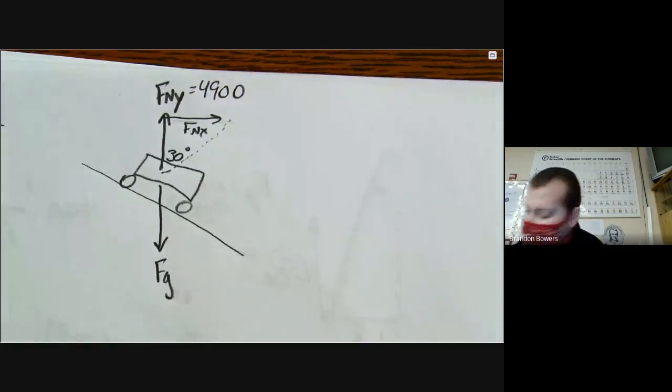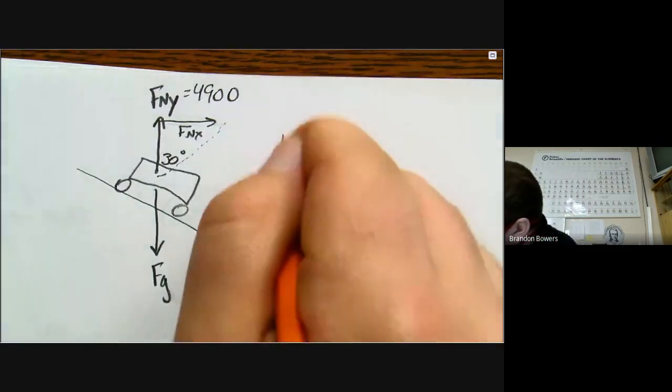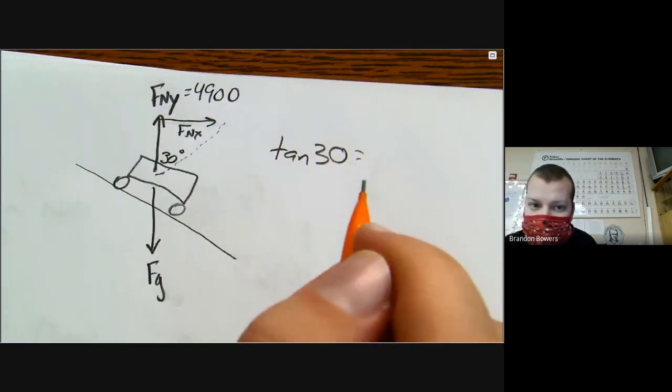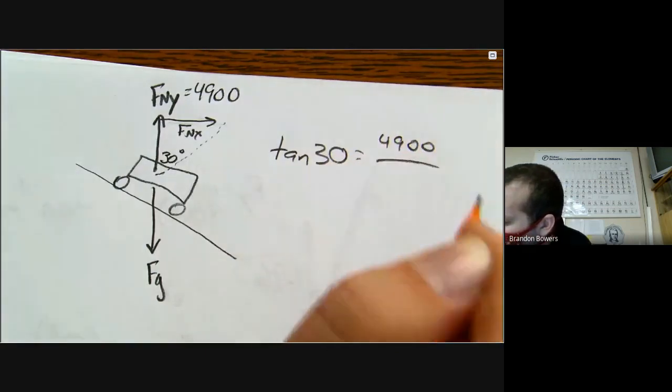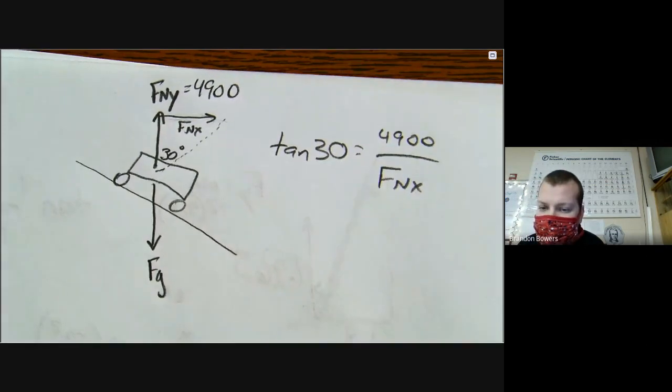So force normal in the x, I'm going to use tangent. So tangent of 30 is equal to opposite over adjacent. Opposite over adjacent, so force normal x. What do you get for force normal x?